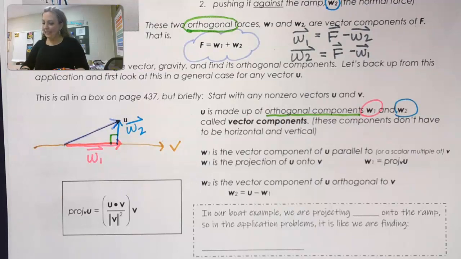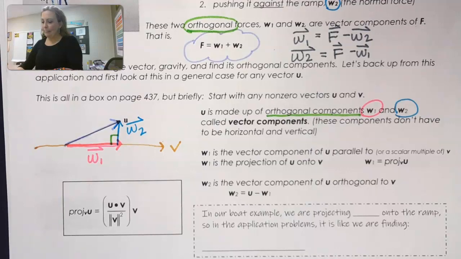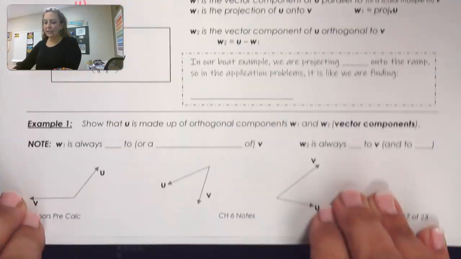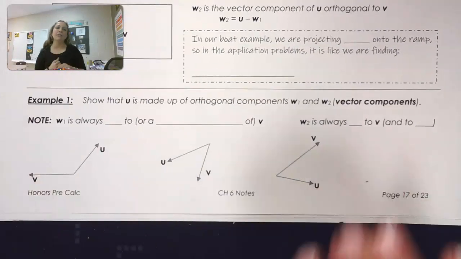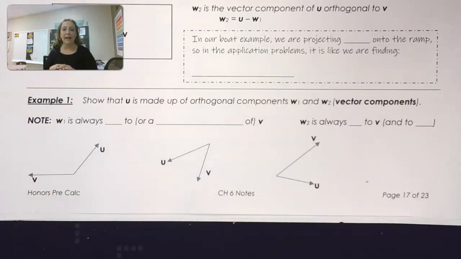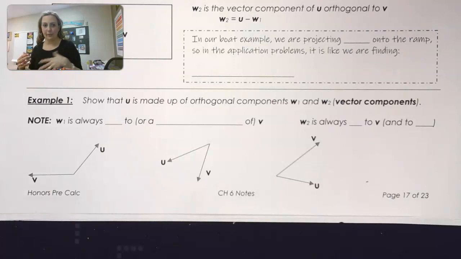So before we get into a formula for projection, let's look at example 1, okay? Let's show that u is made up of orthogonal components W1 and W2, which are vector components.